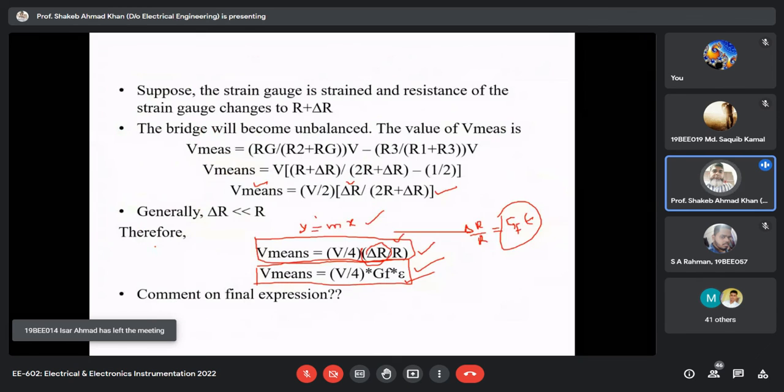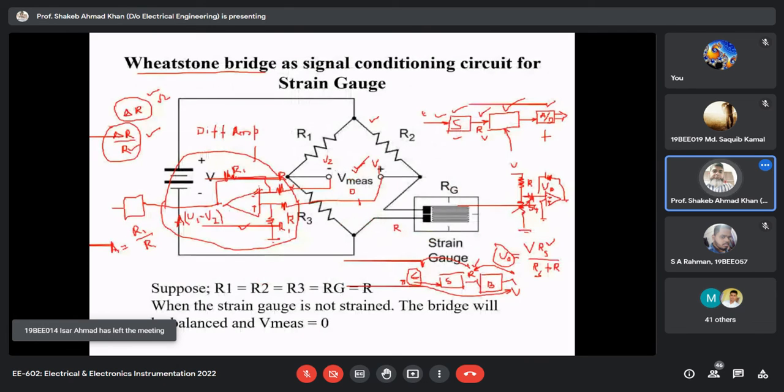Now, this is one of the functions, a very important signal conditioning step, that this circuit is performing here. It is absolutely necessary for any resistive sensor or any passive sensor rather.